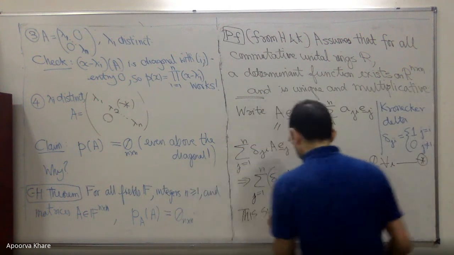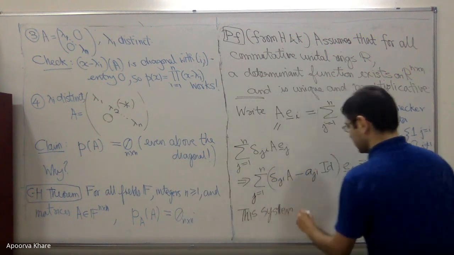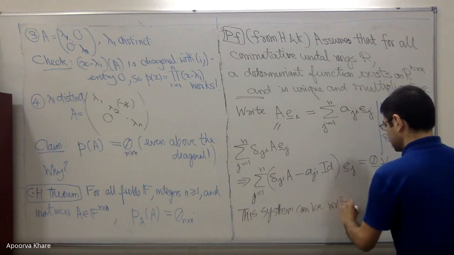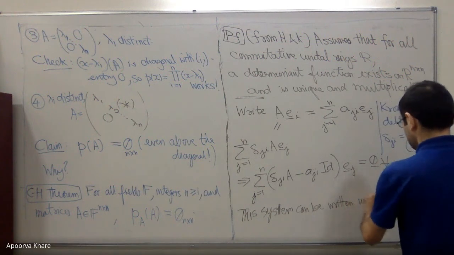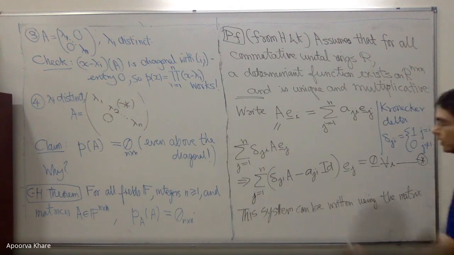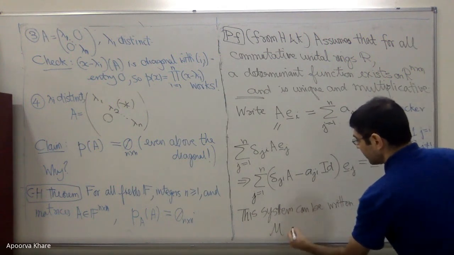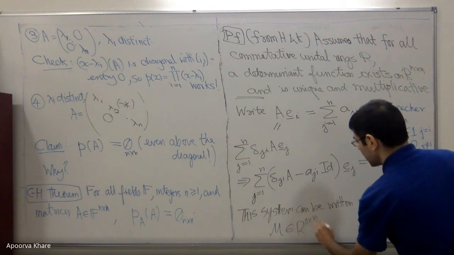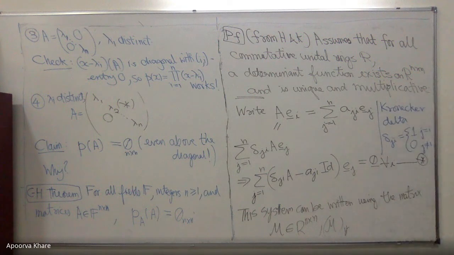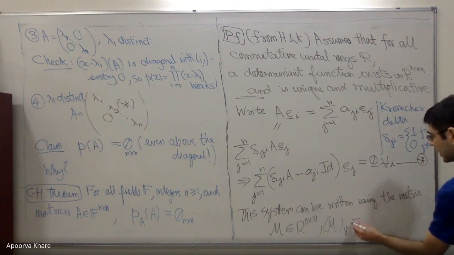So this system can be written using the matrix M, which belongs to R to the n cross n, with M_ij entry being, I guess, this one, delta_ji A minus A_ji identity.